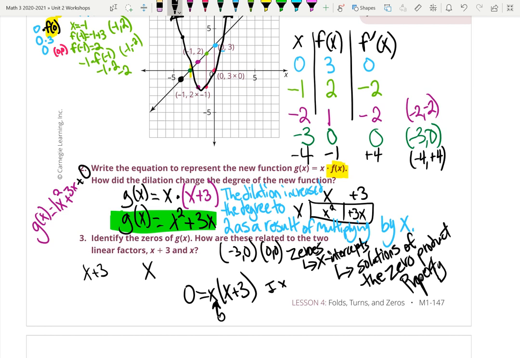Solution 1, x is 0. Solution 2 is going to be, hey, what number makes x plus 3 0? Well, x equals -3. So the idea behind both of these is that the zeros are still zeros after multiplying.